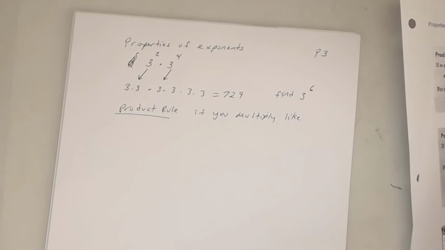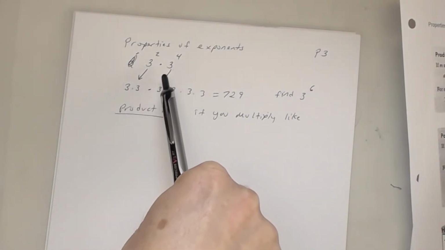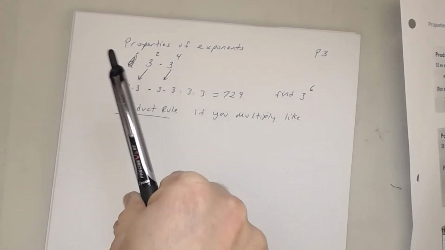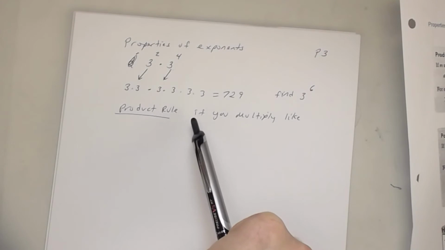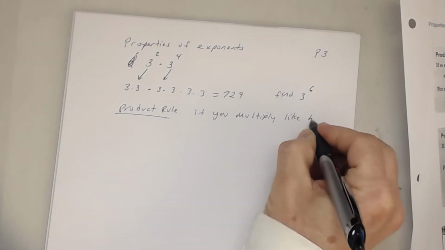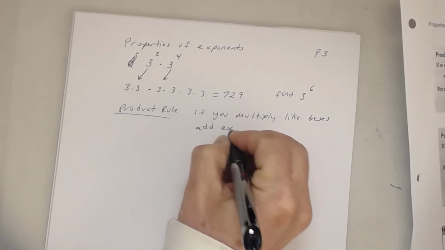The same. If one was a 3 and the other one's a 5, you couldn't do that. You wouldn't say 3 times 5 is 15. You don't do that. Okay, so the product rule, if you multiply like bases, you add exponents.